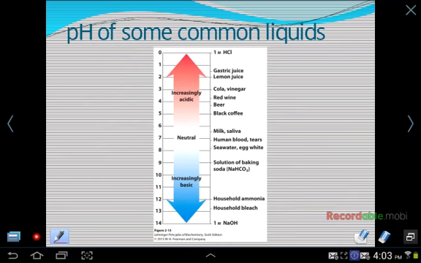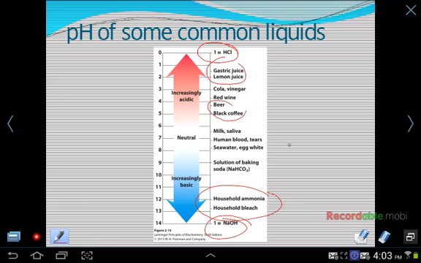Not that water is a very good buffer. However, let's look at the pH of some other liquids. So very acidic, very strong acids: we have HCl. We can also have gastric juice, lemon juice, black coffee, slightly less acidic. We can also look at very strong bases such as sodium hydroxide, ammonia, or bleach.